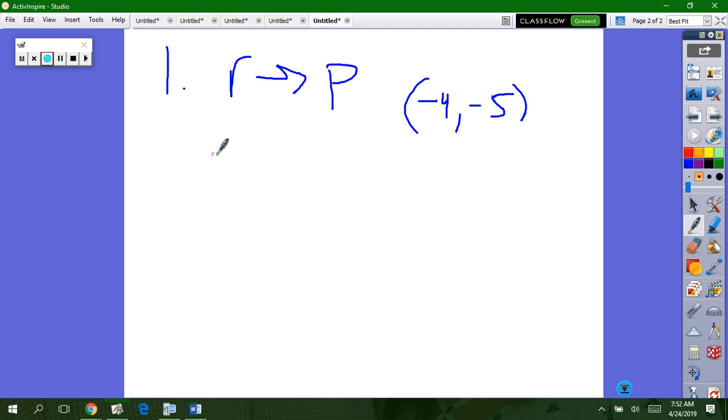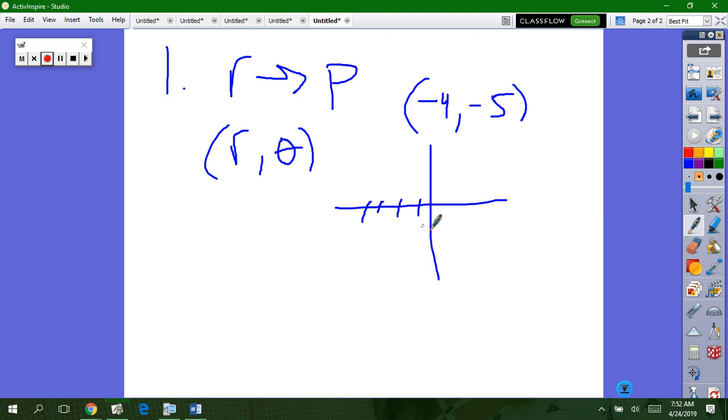Okay, so if we're going to a polar point, once again, we need our radius and we need to know our theta, right? So I'm going to graph that really quickly. 1, 2, 3, 4. 1, 2, 3, 4, 5. Okay, go ahead and draw it.